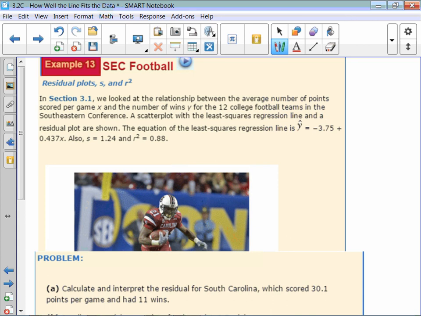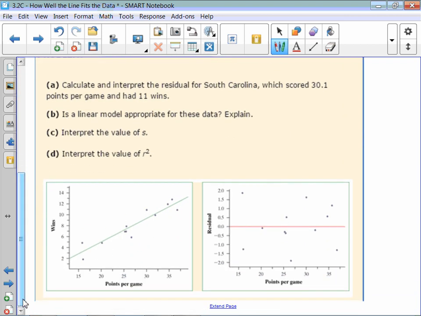The equation is given to us right here, and they give us S, which is what? Standard deviation, and they give us R squared, which is called what? Coefficient of determination. Great. Okay, so part A, calculate and interpret the residual for South Carolina, which scored 30.1 points per game and had 11 wins.